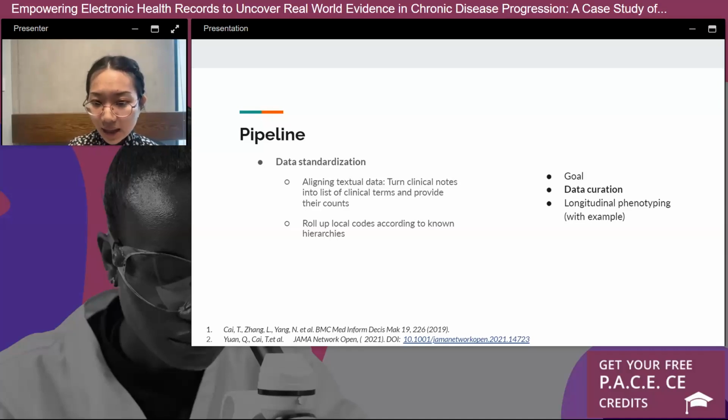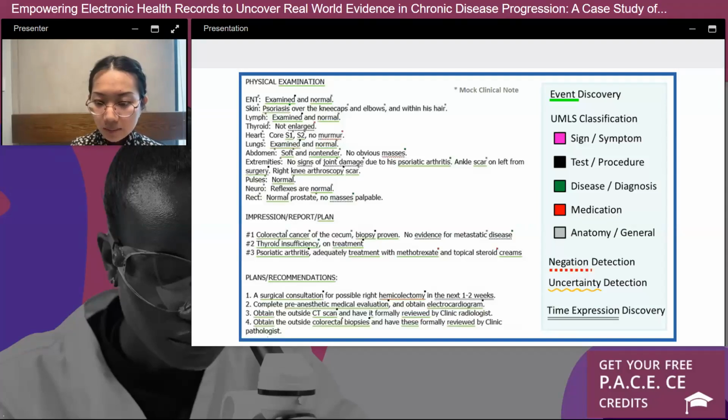And the second step is that you could try to roll up the local codes from multiple institutions into a more standardized format according to a known hierarchy. So I will provide a more detailed example to help you understand that.